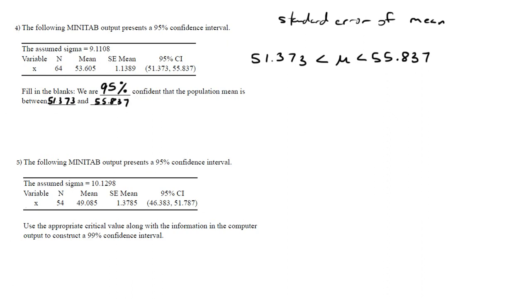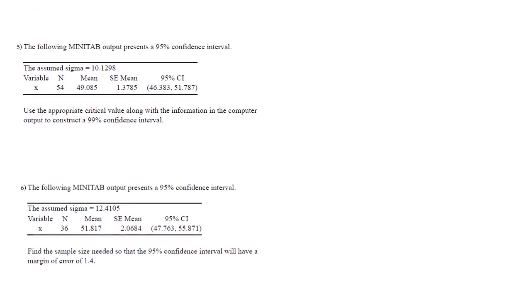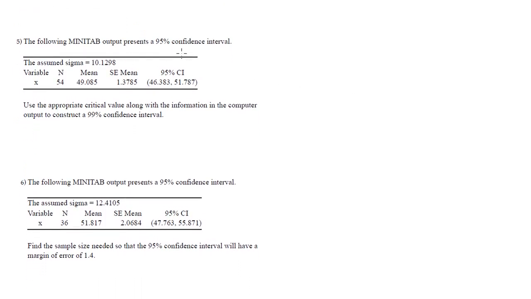Okay, scrolling down a little bit to number 5. The following Minitab output presents a 95% confidence interval again. So now this says, use the appropriate critical value along with the information in the computer output to construct a 99% confidence interval. So we have a 95% confidence interval.